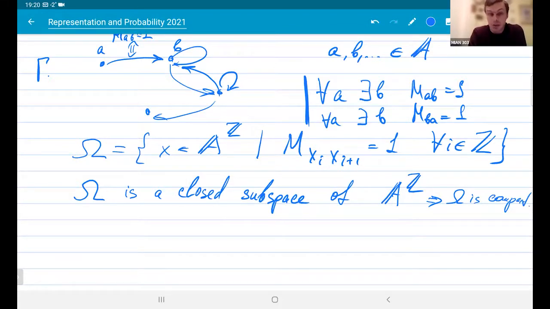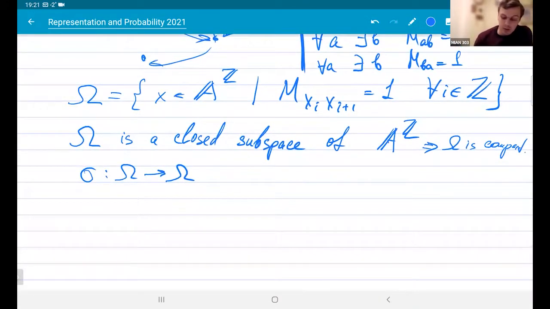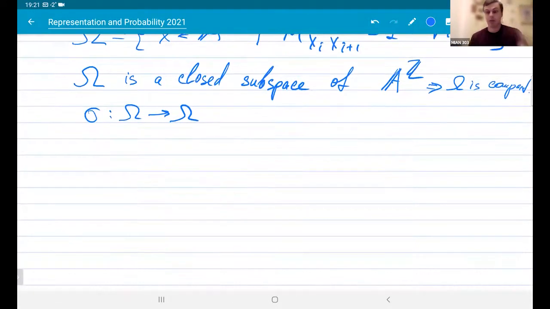And of course, the map sigma maps omega into itself. So we are again in this situation of a homeomorphism of a compact set. So this is just some topological system, but again, we can ask now the question: what are the invariant measures of this map?